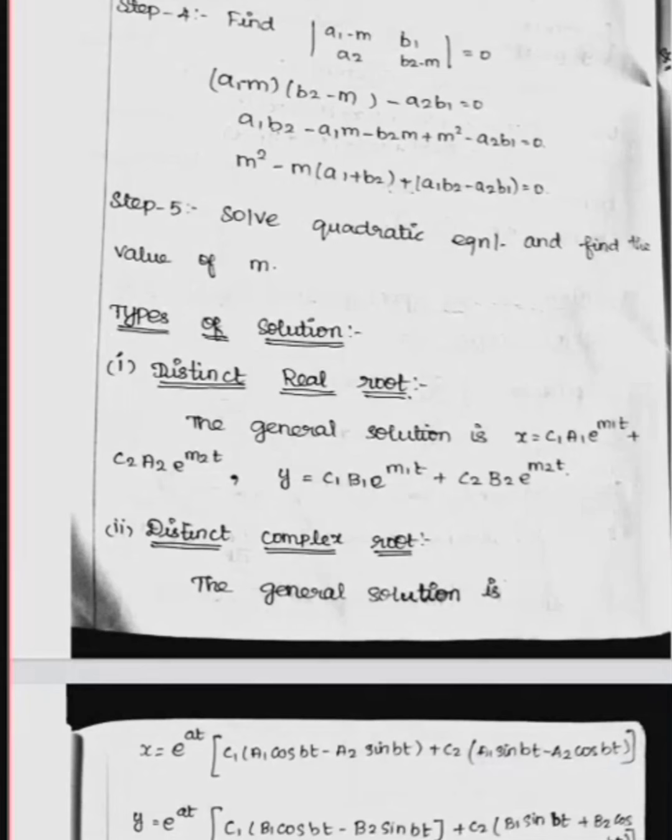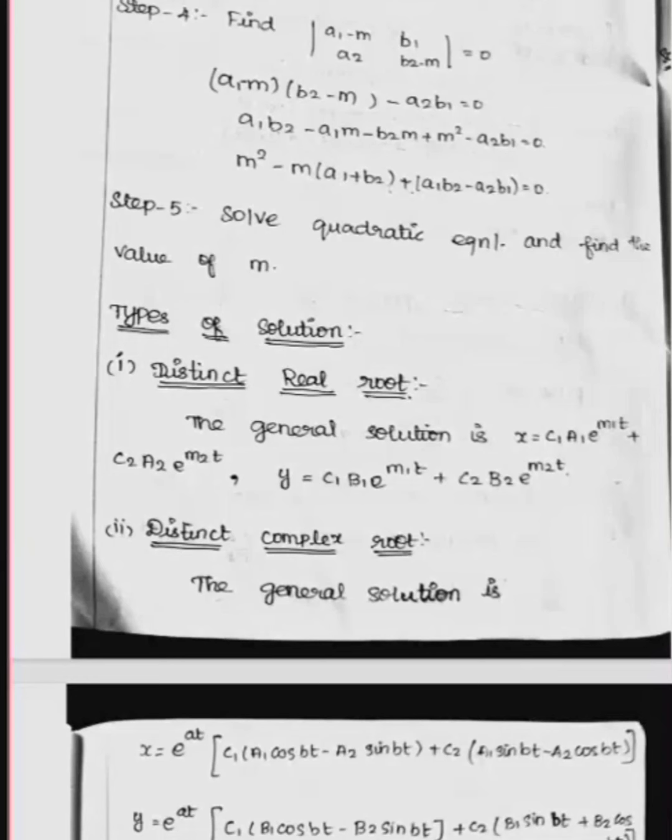Similarly, here you differentiate with respect to t. So you can write it as e power at, and y equal to e power at into some term. So that term is c1 into a1 cos bt minus a2 sin bt here, plus again c2 into a1 sin bt minus a2 cos bt here.